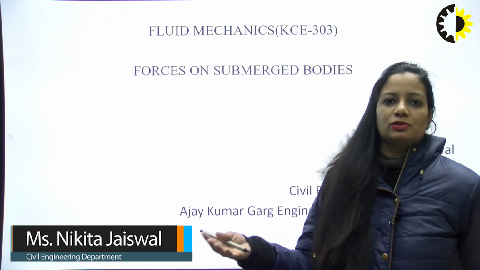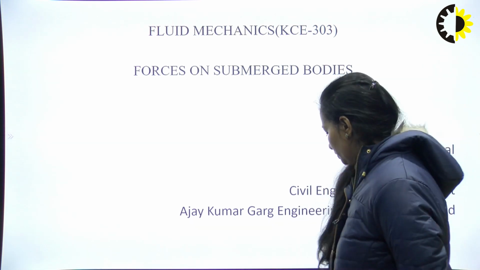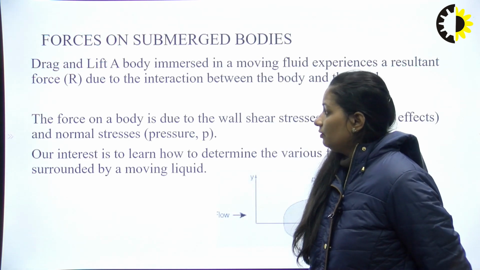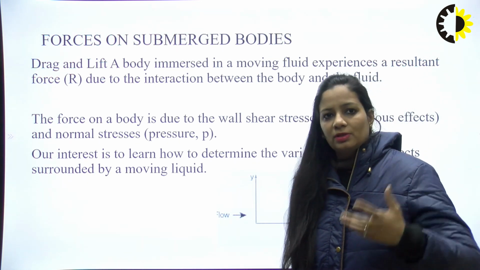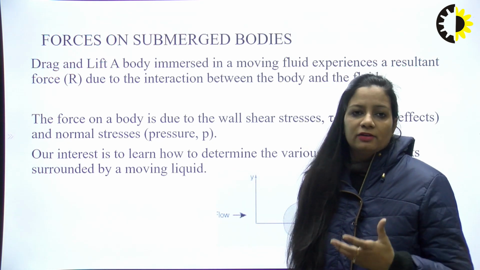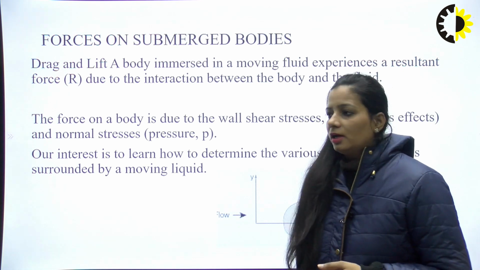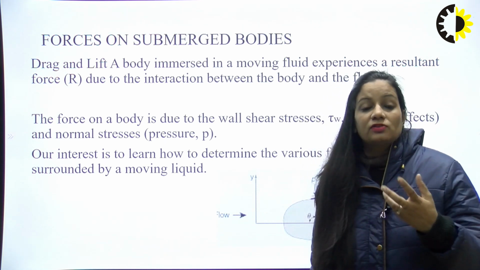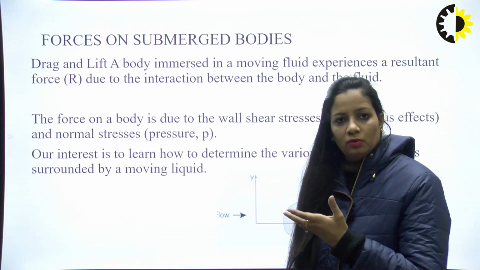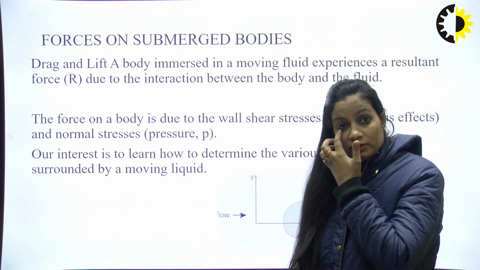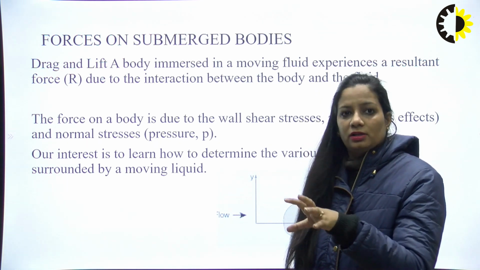This lecture on force on submerged body is a continuation of the previous lecture. We have been introduced to the concept of submerged bodies and how drag and lift forces act on a particular body, what a streamlined body is, what streamlines are, what the rate of flow is, and what the velocity is with which a flowing fluid acts over any submerged object.